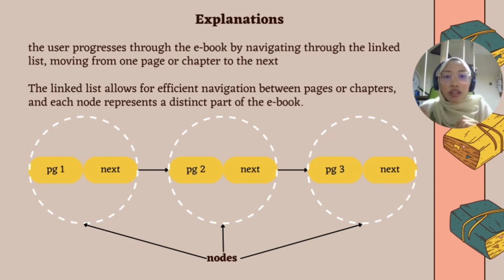All of the chapters, known as chapter 1, 2, and 3, will be categorized as one node each. And we could also navigate through them one by one. So this is the purpose of the linked list, so that the user could easily move between the pages and through the chapters.